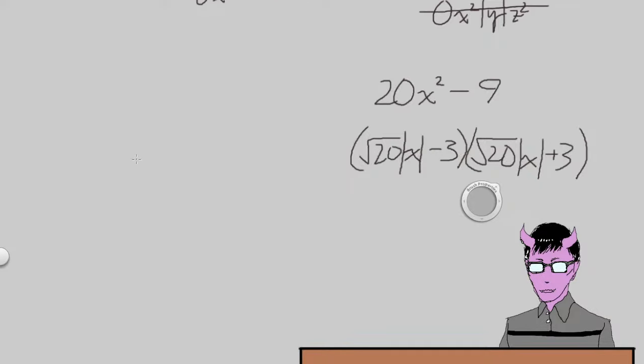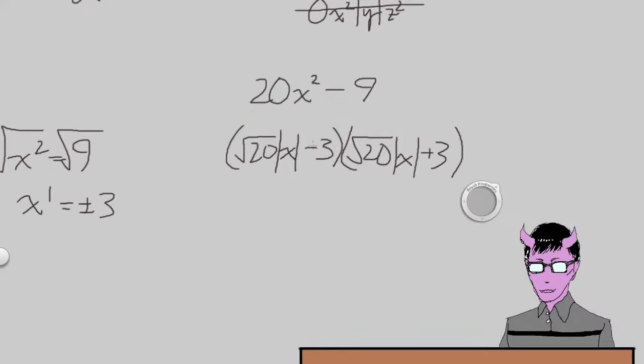Versus if you just have a problem like this, and then you solve for x by taking the square root of both sides, this is where you're transitioning from an even powered exponent into an odd power exponent, so you have to put plus or minus 3. Whereas factoring like this, the two signs will cancel regardless, because you have the same x here as the same x there, I think.